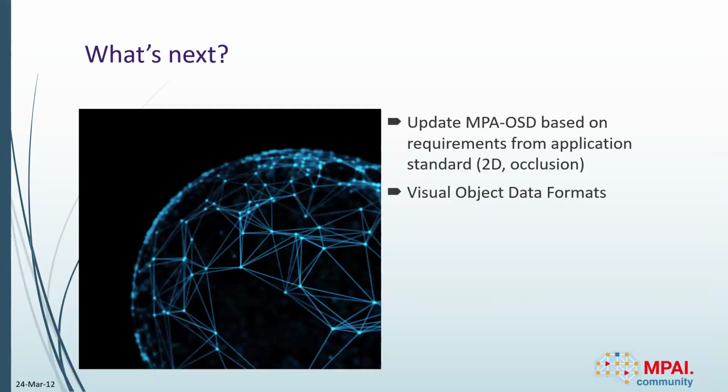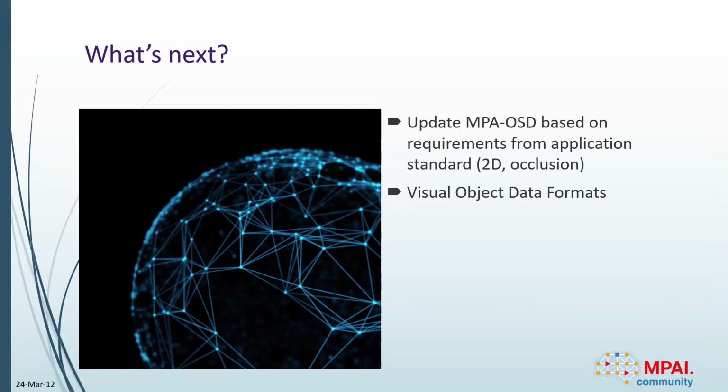What's the next? The next is to update the specification because this is version 1.0, by the way. But we needed to extend it. So we have already two examples. The first one is occlusion. So what happens?